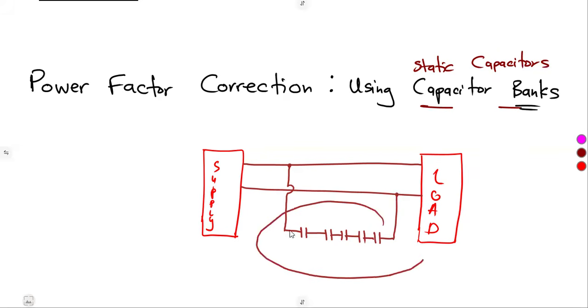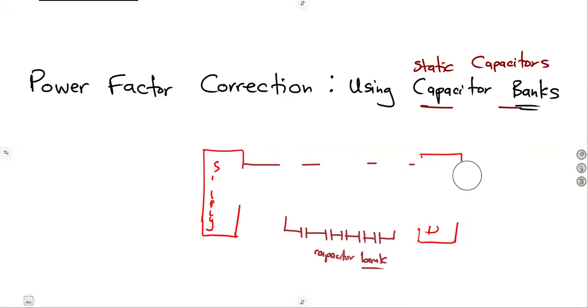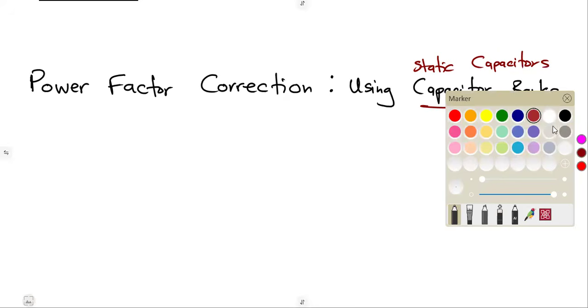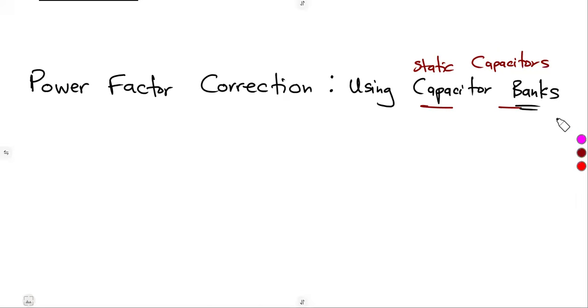That is the condition of a capacitor bank. So when these capacitors are there, as a single part, we are calling it a capacitor bank. We are talking about those capacitors connected together.